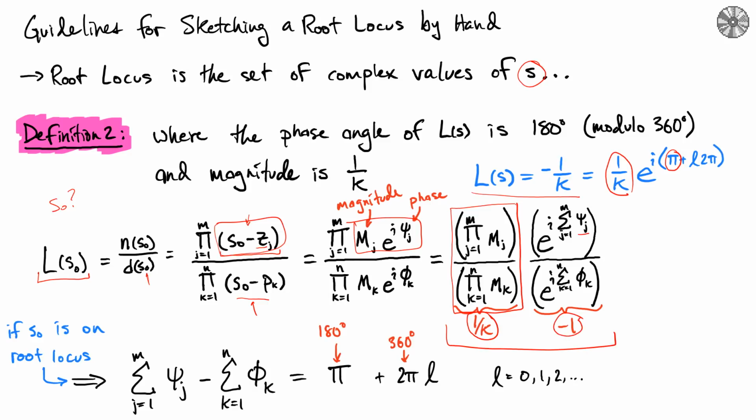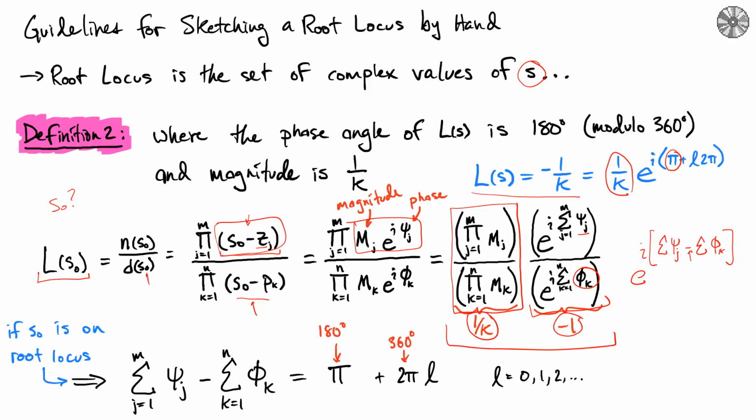Another way to rewrite this particular term is as an exponential of e to the i times the sum over psi j minus the sum over phi k. The minus sign comes from the fact that this originated out of the denominator.